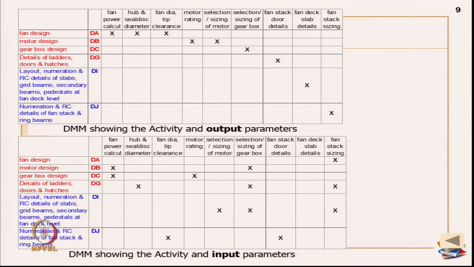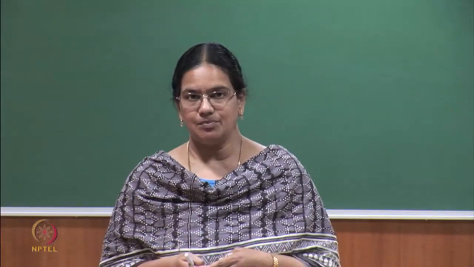Okay. With this you can form all the relationships. Any activity will have a set of outputs at the end of the activity execution, and activities also need inputs from other activities. Okay. So, every activity needs a list of inputs. So, when you multiply these two, you will actually get an activity DSM.